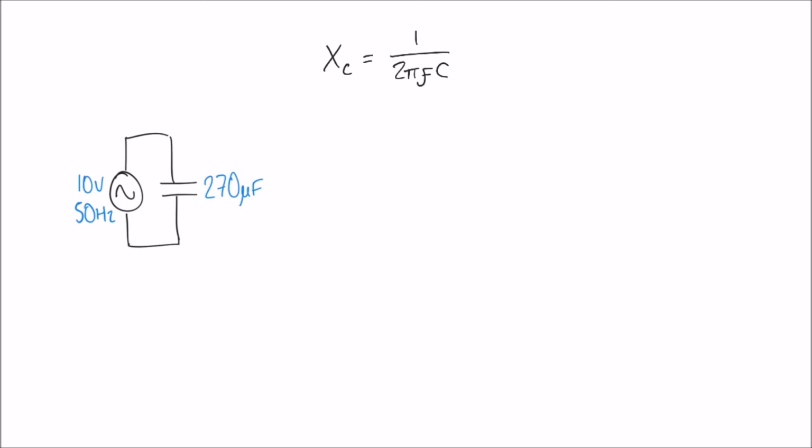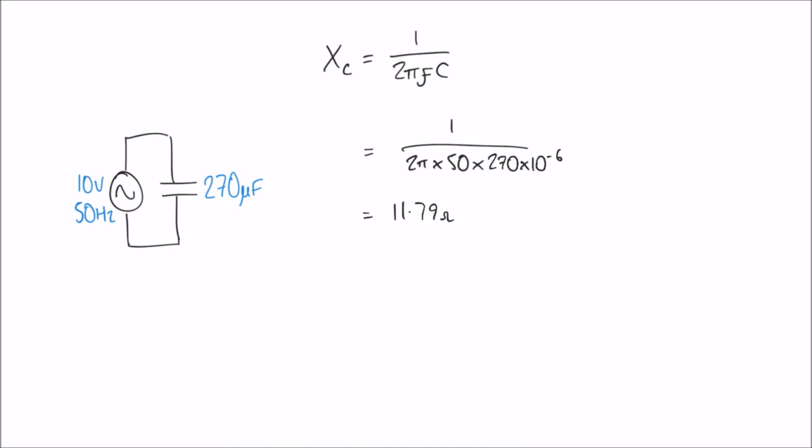So let's go ahead and calculate this value, because this is going to be 1 over 2 pi times 50, the frequency, times our capacitance, which in this case is 270 microfarads. So that's going to be 270 times 10 to the minus 6. And calculating that gives me a reactance of 11.79 ohms.